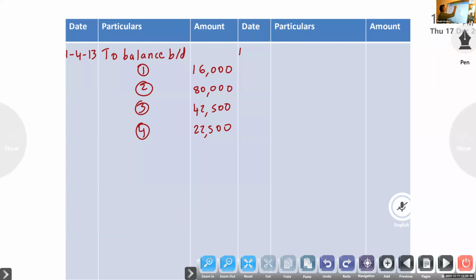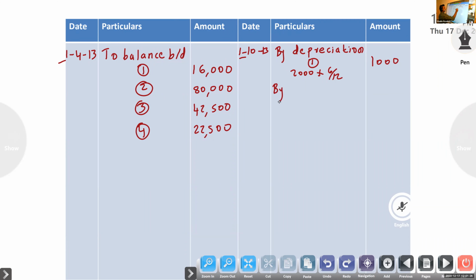So 1st October 2013. Now it is easy. First, by depreciation. Because now we separated, it is easy for you. For the first one, we know the full year depreciation is 2,000. So from 1st April to 1st October, 6 months only we used, 1,000.